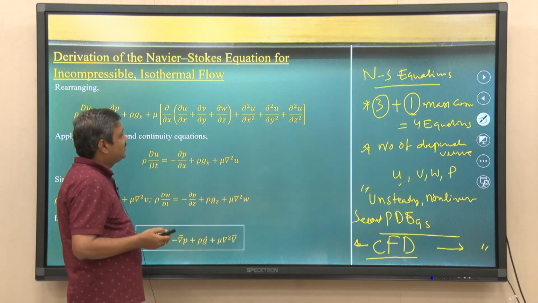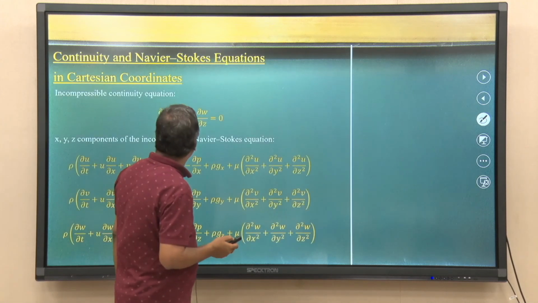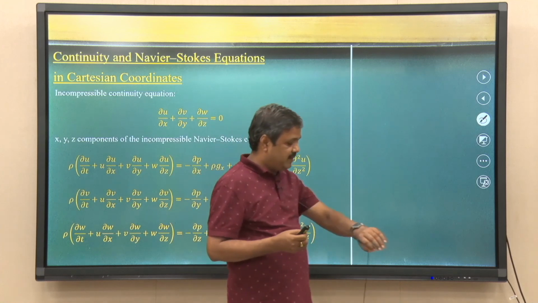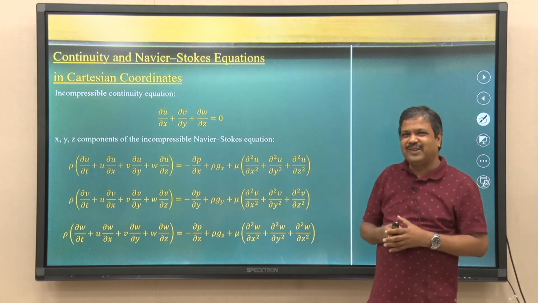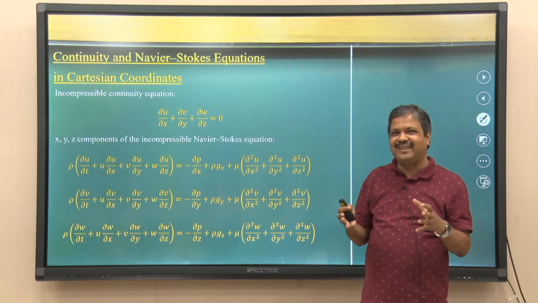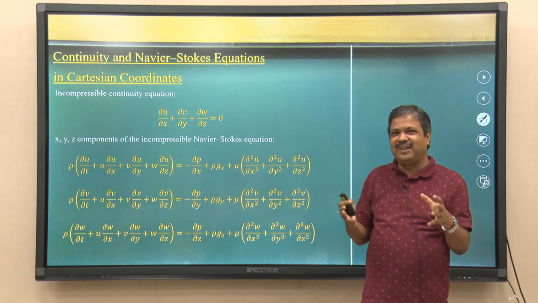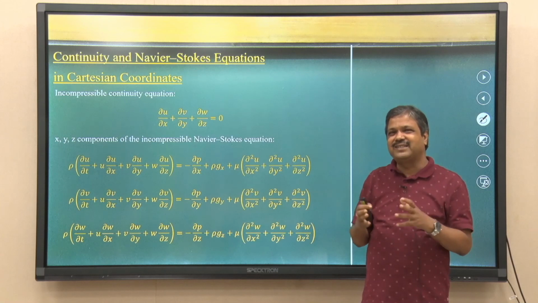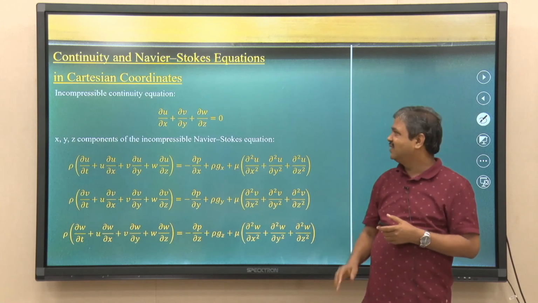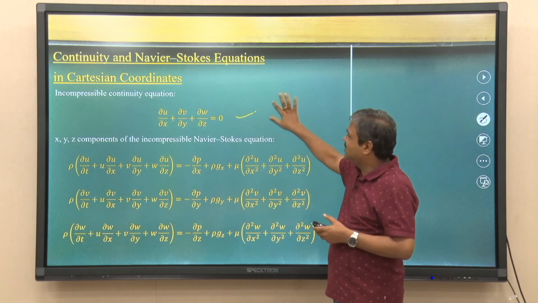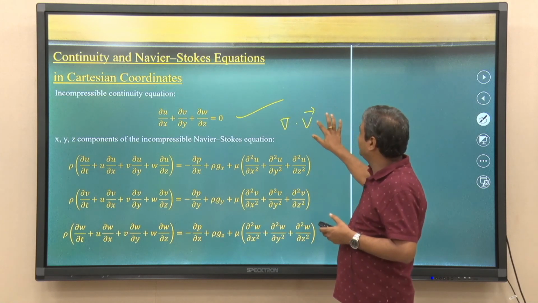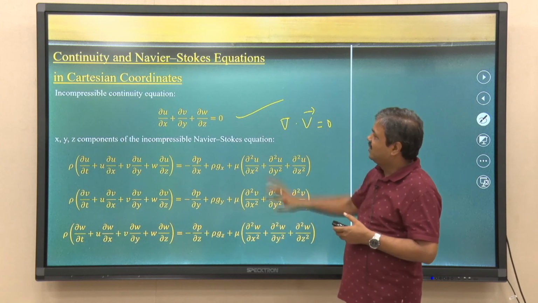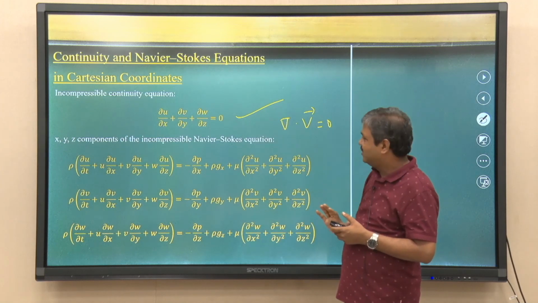With this, today I just wanted to show you this big form of the equations. When you expand it, it looks like very difficult equations, but please try to understand that it is nothing else. It is the mass conservation equation, del dot V equals zero, which you can easily remember for incompressible flow.